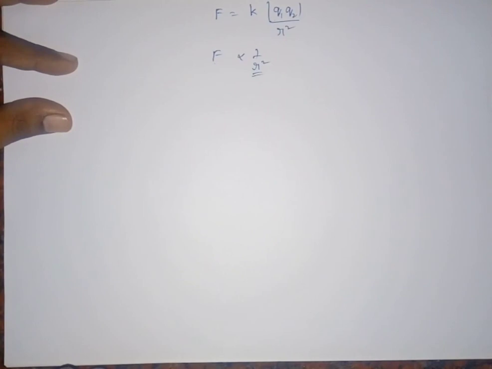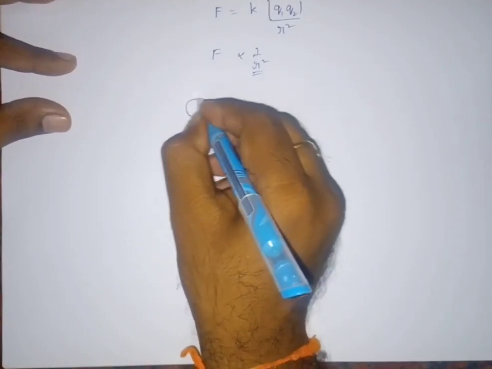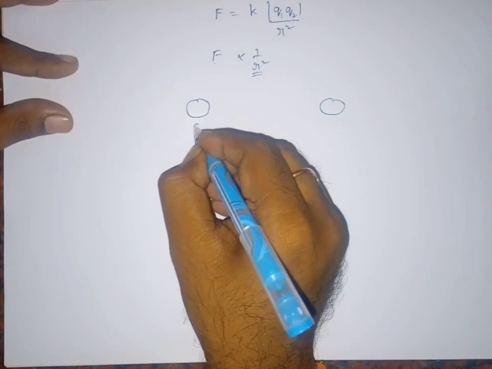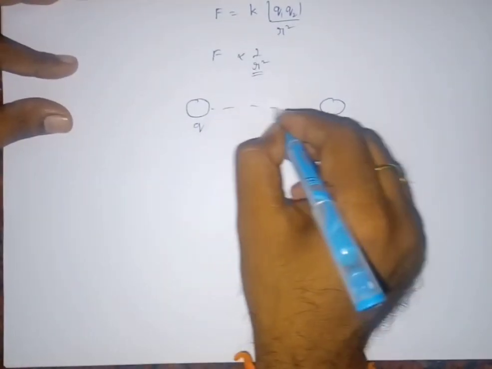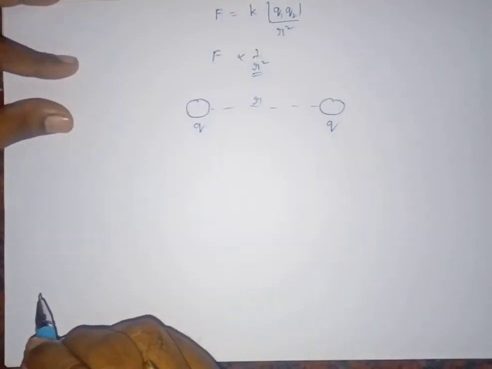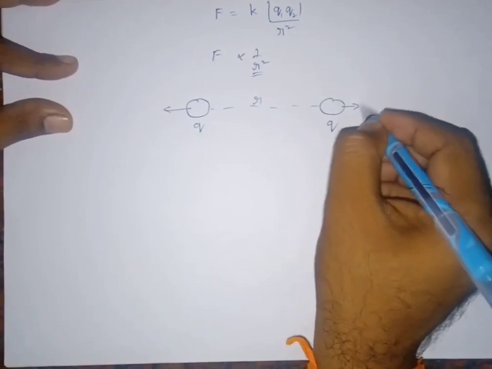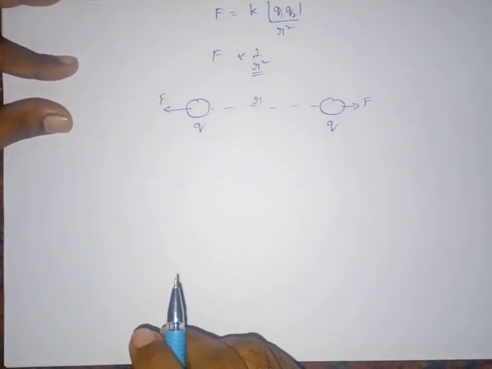So force is definitely inversely proportional to distance square. Let's talk about one problem on this. Consider two bodies, both having some charges, Q and Q. They are separated by a certain distance R. They experience some force, F, along the line joining them.